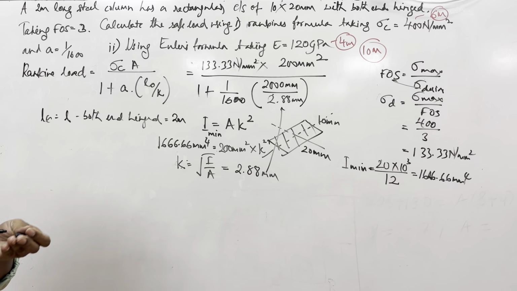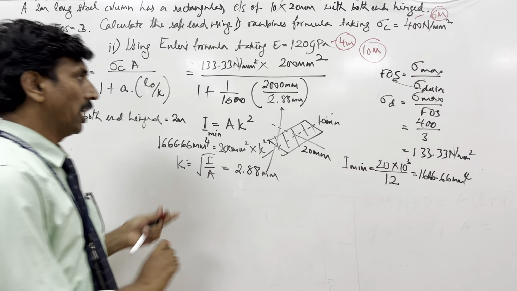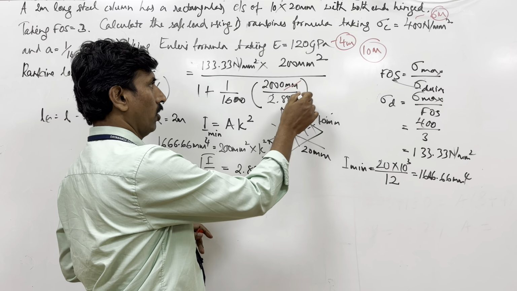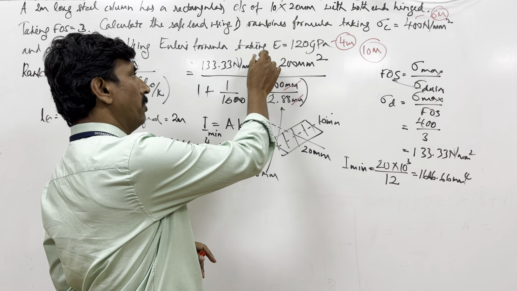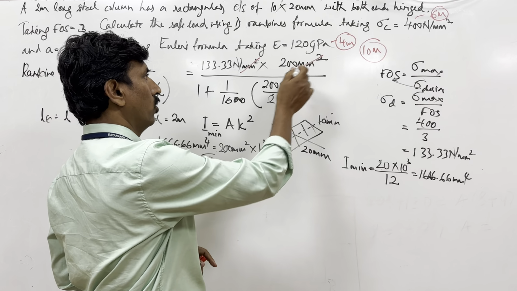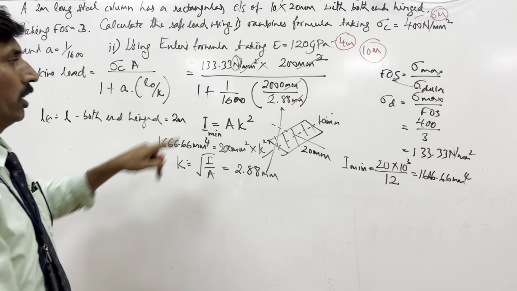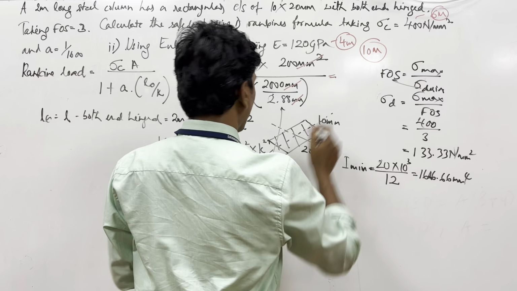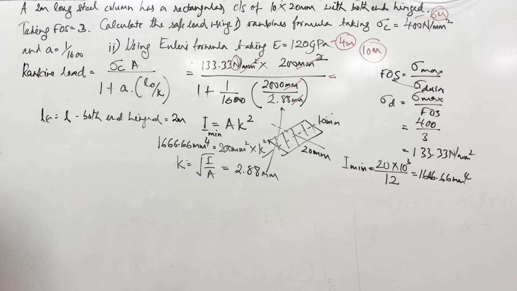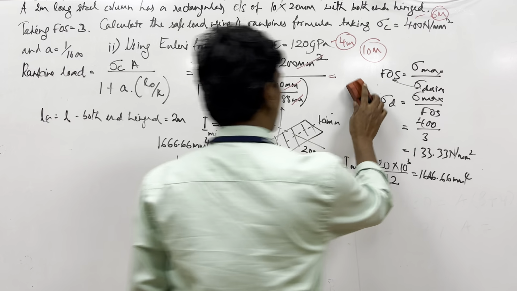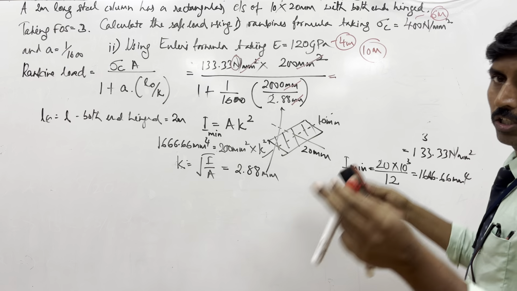Okay, here you can see that this mm gets cancelled out, and this millimeter square gets cancelled out. What is only left is newtons. So here the answer that you get is in newtons. So what is the answer that you get here? I think you got the answer, no?